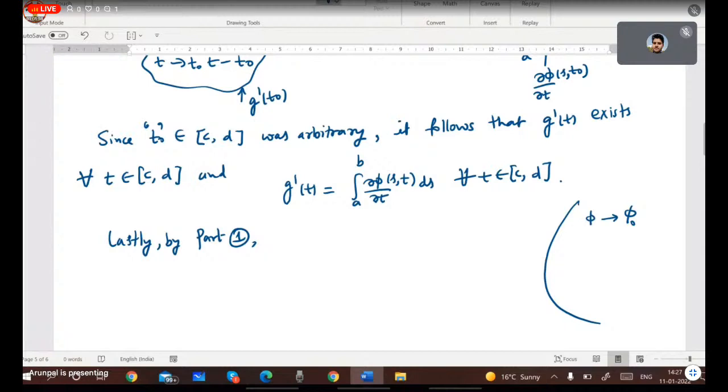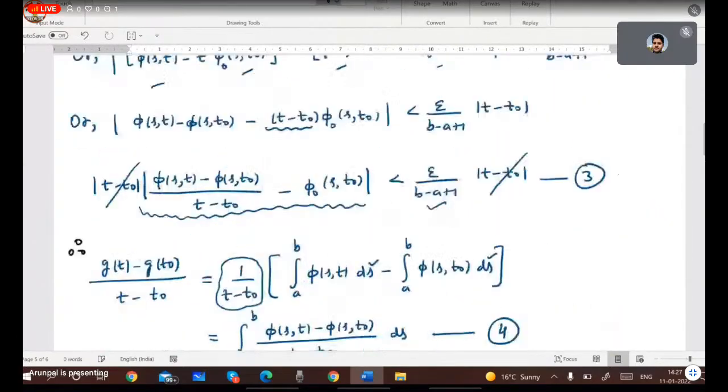And for example, you call g dash to be some h. So part 1 says what? That phi naught is given to be continuous. So part 1 says that if you have a function h(t) of this type where phi naught is continuous, then h will be continuous. This was part 1, if you recall.